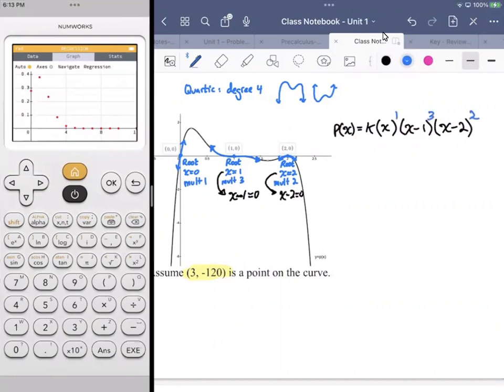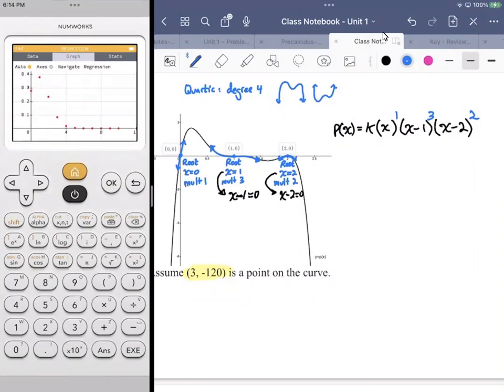Now, the assumption here, which I mentioned last time, is that there's a point on the curve, but there's no reasonable way you would have been able to pull that from the graph, so I just gave it. That's what I tend to do in any situation like that. If it's not clear and obvious what the point is, I just tell you a point that's on the curve.